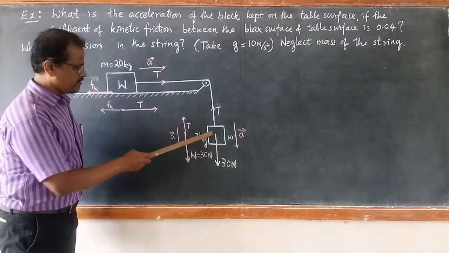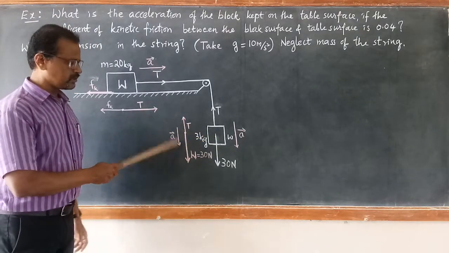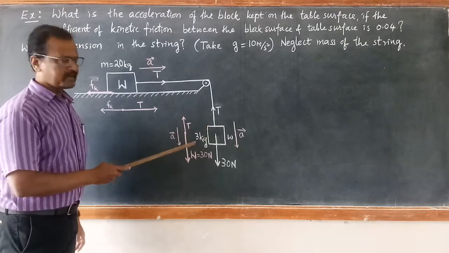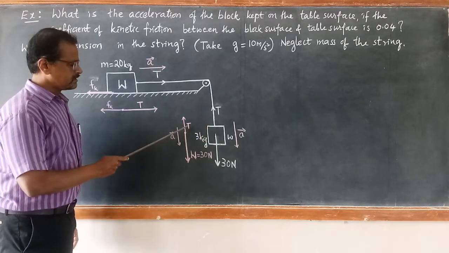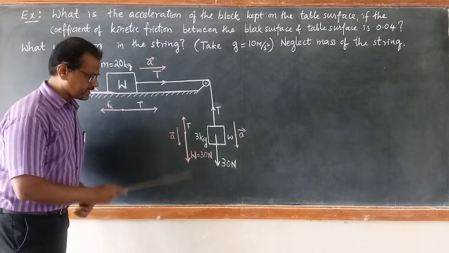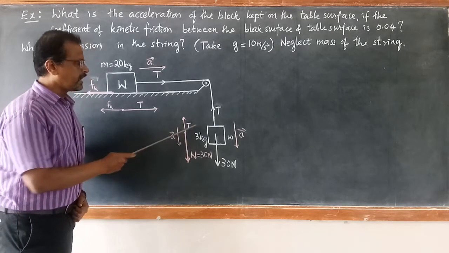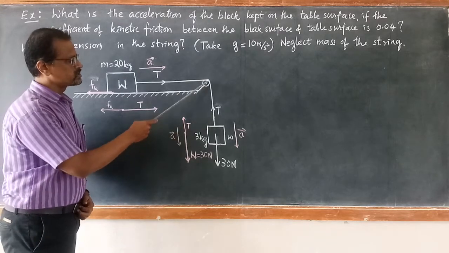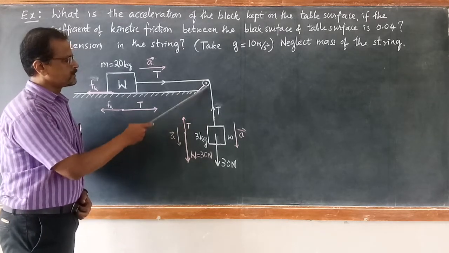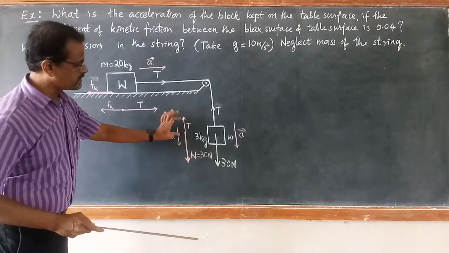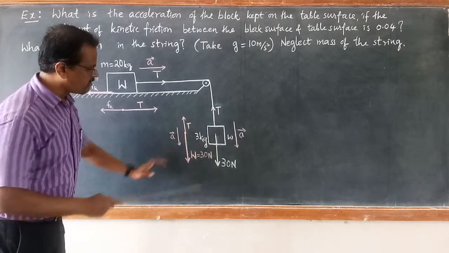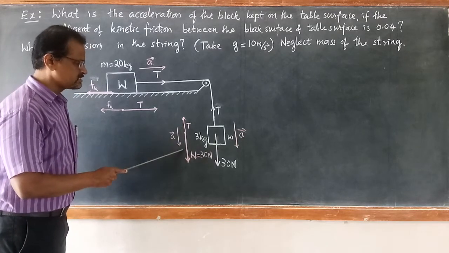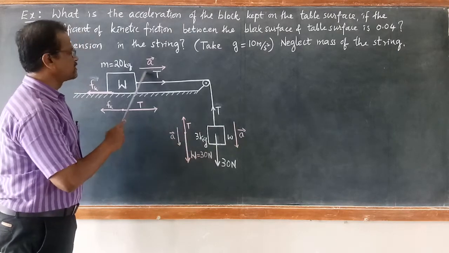If you draw a free body diagram, consider this block as a point mass of 3 kg. It has the weight vertically downwards, 30 Newton, and the tension in the string will be acting towards the pulley. This tension is of small magnitude and this weight is of larger magnitude, so vertically the net acceleration is downwards.